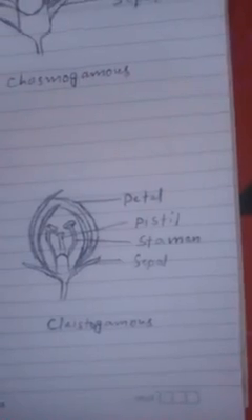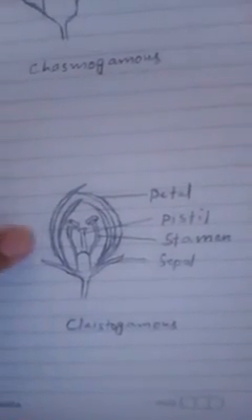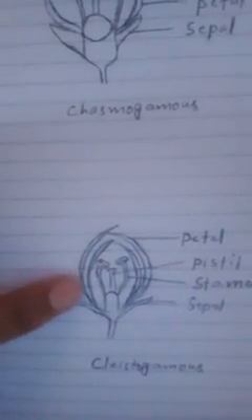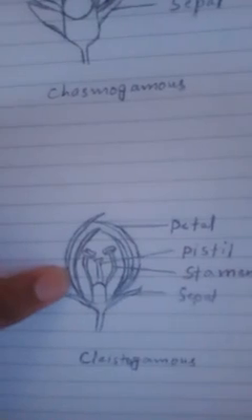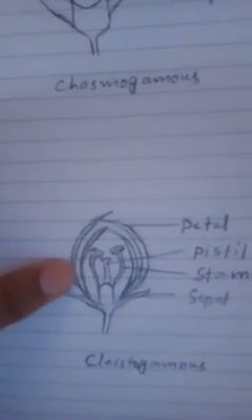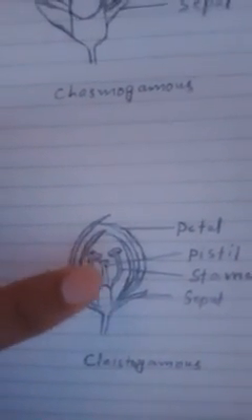So this flower is called clistogamous. In this flower, there is no chance of cross-pollination. It is only meant for self-pollination, and that will be genotypically the same. But in the chasmogamous flower, as the stamen and pistil are exposed, there is a chance of cross-pollination too.